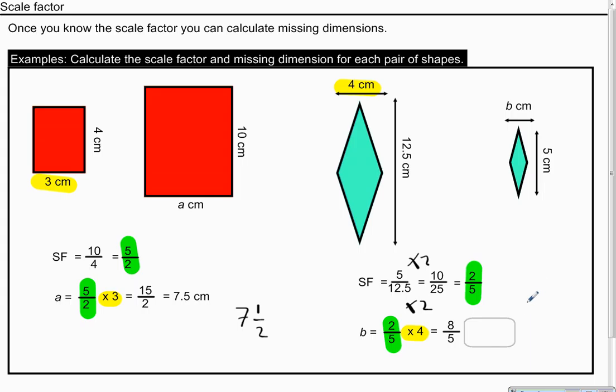Depending on how good you are with your fractions and decimals, you might be able to convert that straight away. But I could say, how many times does 5 go into 8? Well, it goes once, put a point 0, so I can put my remainder 3 down. 5 goes into 30 6 times, giving me a missing dimension for B of 1.6 centimetres.